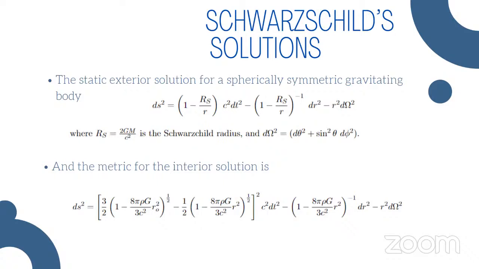If we substitute R in the interior solution with R naught, we get the exterior solution, which represents the field outside the mass m body. If we set R as the radius of the body, it goes through a continuous transformation from the inside to the outside.